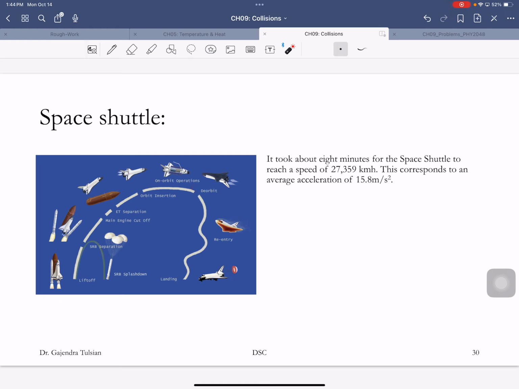So 8 minutes for the space shuttle to reach the speed of 8 kilometers a second, which is 8,000 kilometers per hour. The average acceleration was 15.8 meters per second squared.